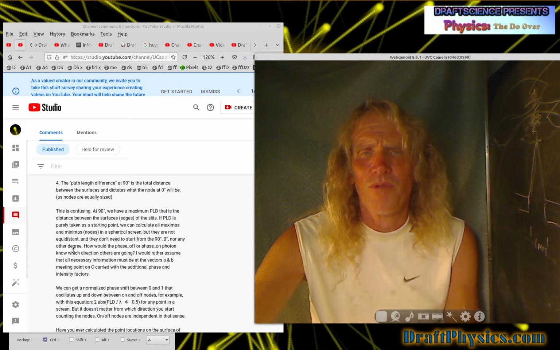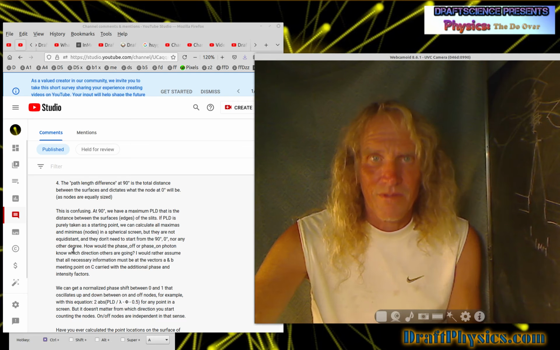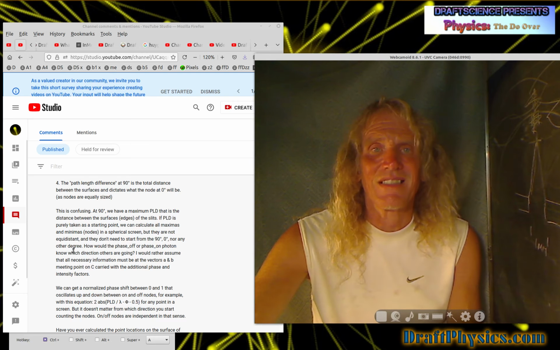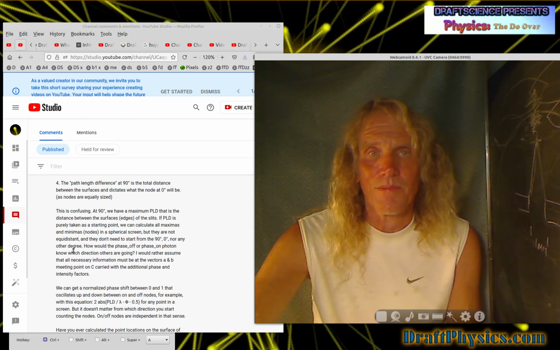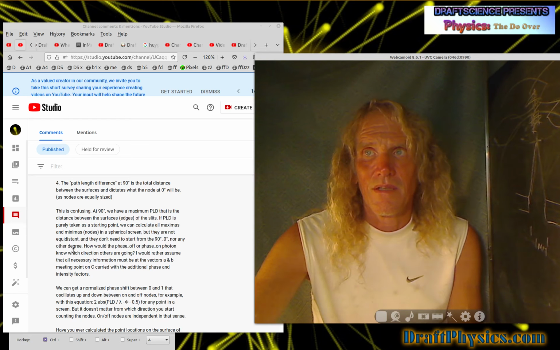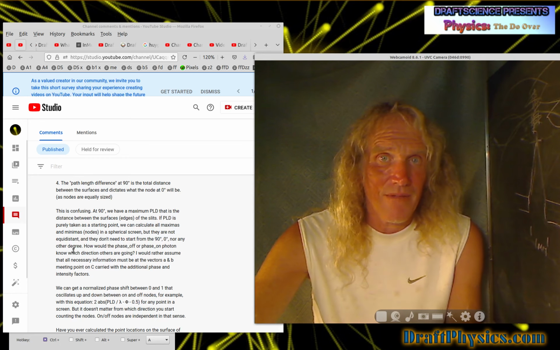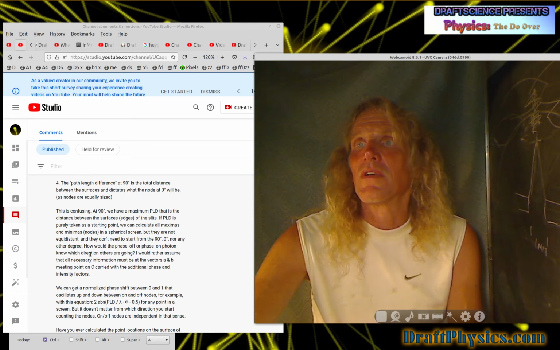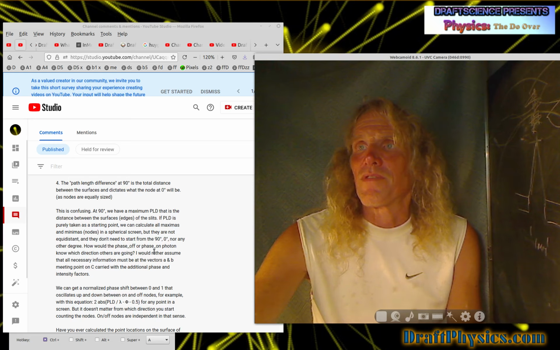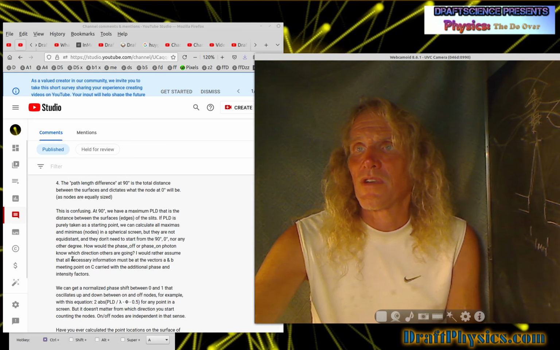Let's see. They don't need to start from the 90 degrees, 0, or any other degree. Well, the point is that 90 degrees is unique because the 2 lines are on top of each other. So their path length difference is exactly the distance between the surfaces. It is different than some other point. 45 degrees doesn't have that nice advantage. How would the phase off or phase on photon know which direction others are going?